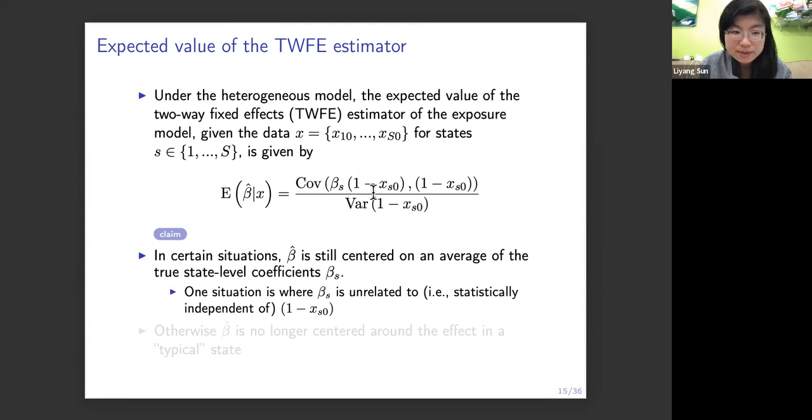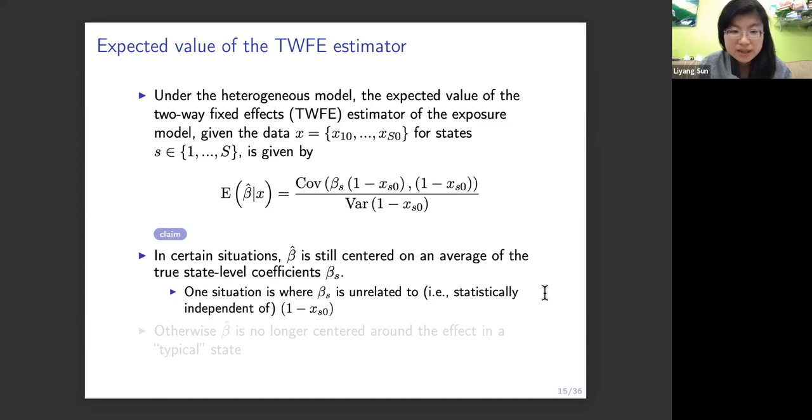With this weighting scheme for beta S, it is not obvious that the expected value would coincide with the average of beta S. But if this expected value is still close to the average, then we might still think that the two fixed effects estimator would provide a reasonable summary for the heterogeneous coefficients beta S. And in certain situations, this estimator would indeed be centered around the average.